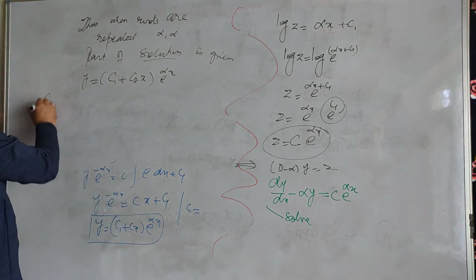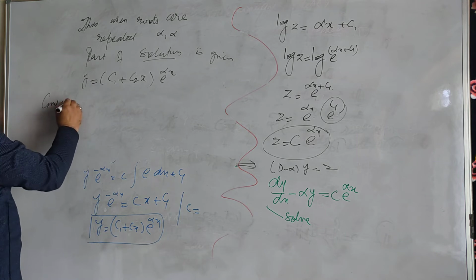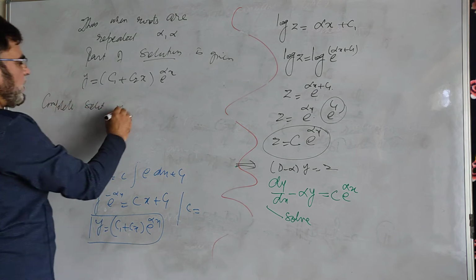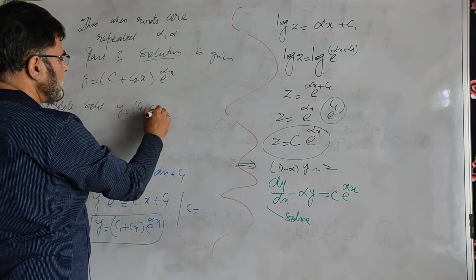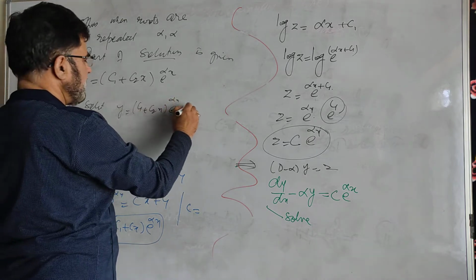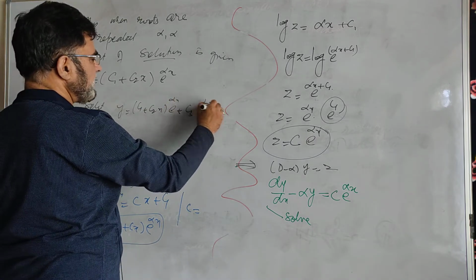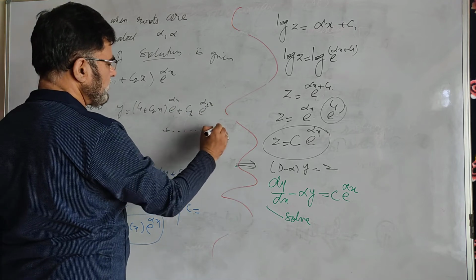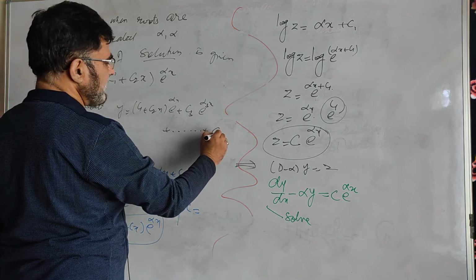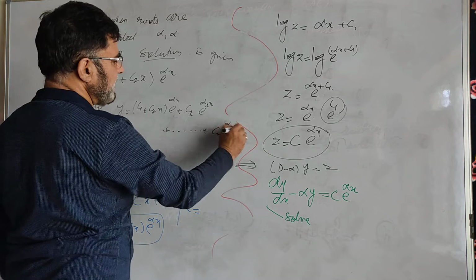So what is the complete solution? Complete solution is y is equal to (c1 plus c2 x) e raised power alpha x, then c3 e raised power alpha 3 x, and so on, plus cn e raised power alpha n x.